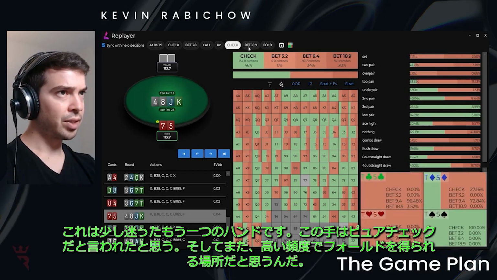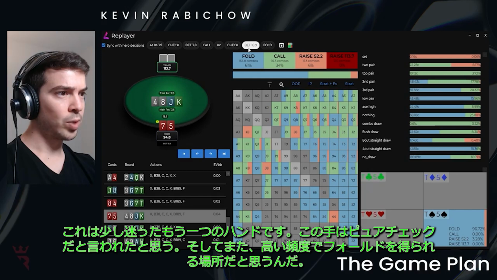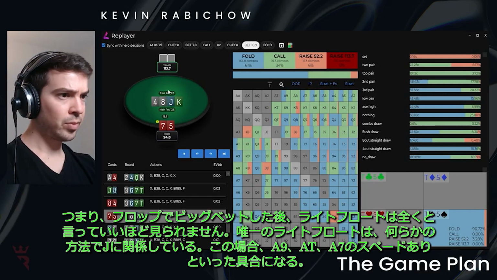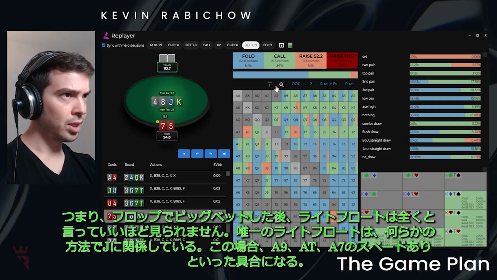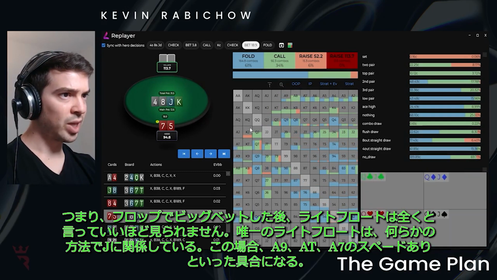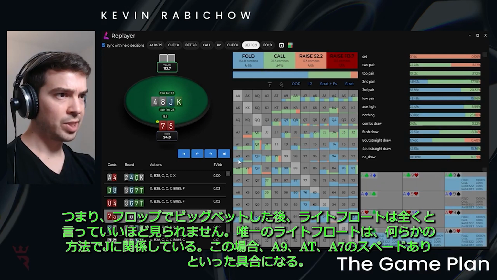And again, I think it's going to come down to where the high frequency folds are. So after a big bet on the flop, we're not seeing many light floats at all. The only light floats, I'm guessing, are going to be wrapped around the jack in some way. So if I weight this, we can see some ace 9 with a spade, ace 10 with a spade, ace of spades 7.